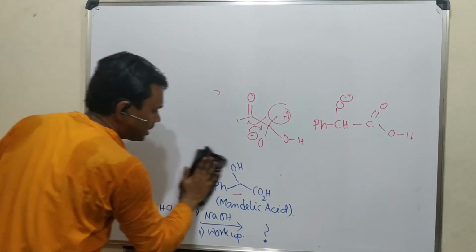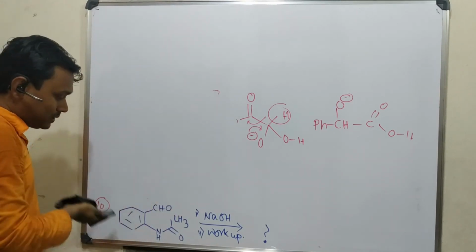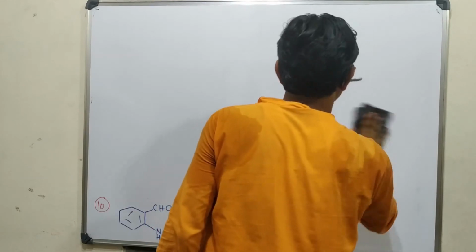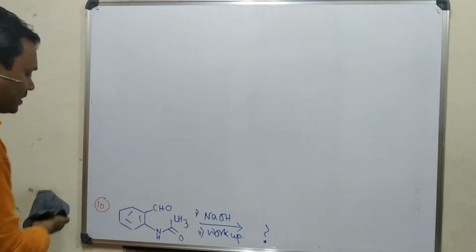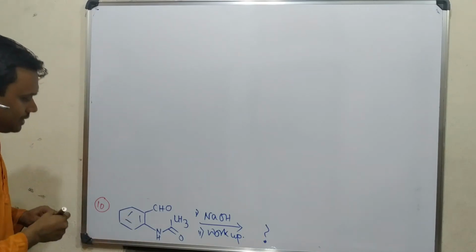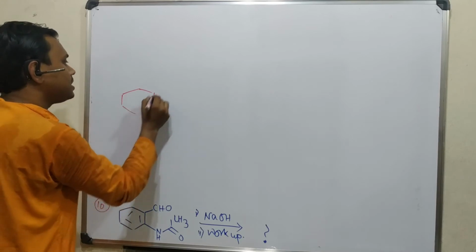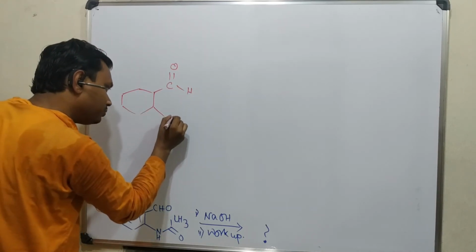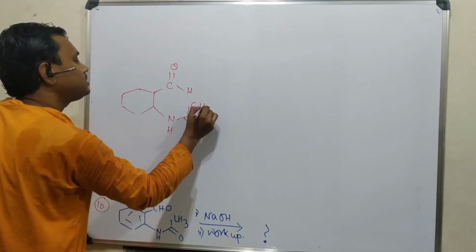Now we are going to explain the last example, and I guess you should observe the example and think, because this example is a little tricky. I believe it's a little tricky for you. Why? Because you can see this is an aldehyde attached to a benzene moiety, but along with that NHCOCH3 is there.